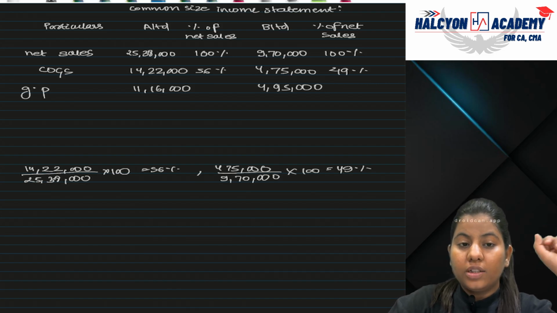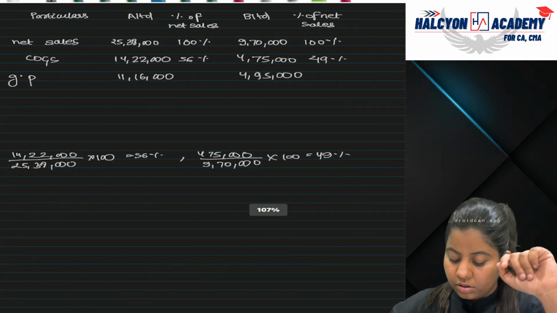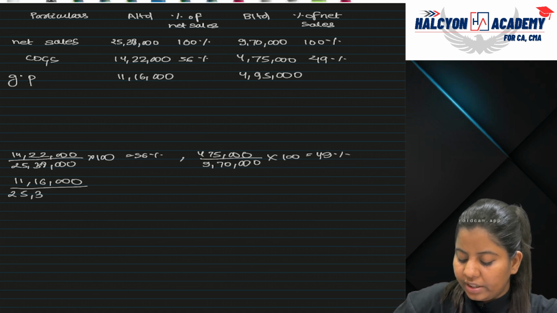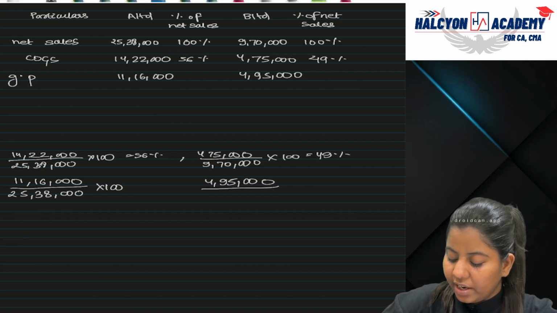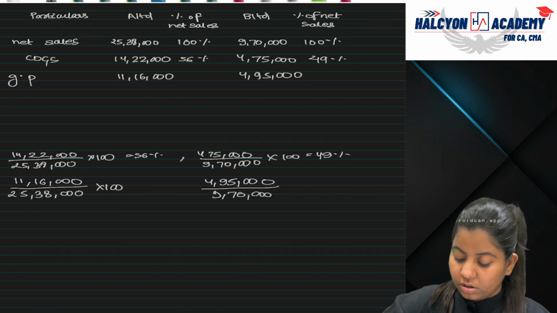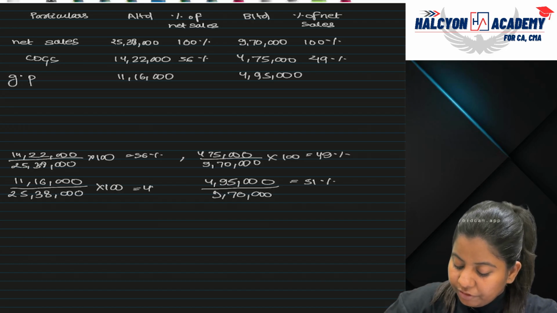Please don't use shortcuts. So now for GP, 11,16,000 divided by the sale amount of A Limited, 25,38,000 into 100. Please calculate it. And in B Limited, we have to take 4,95,000 divided by 9,70,000. So it will be 51% and this will be 44%.